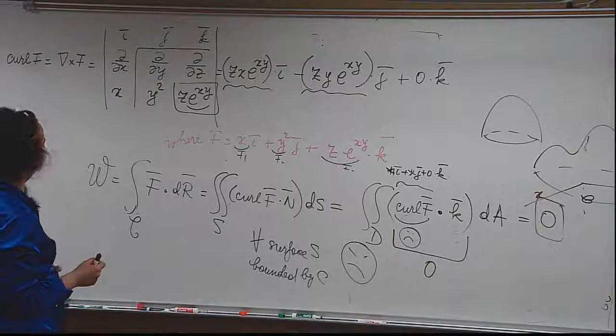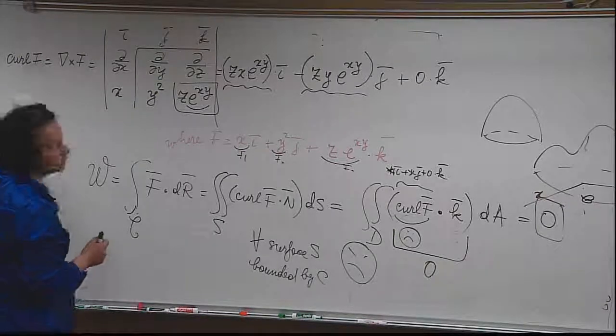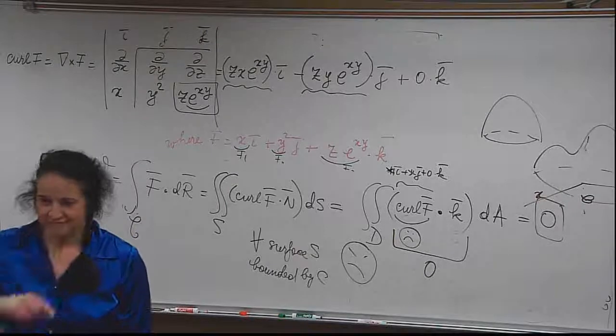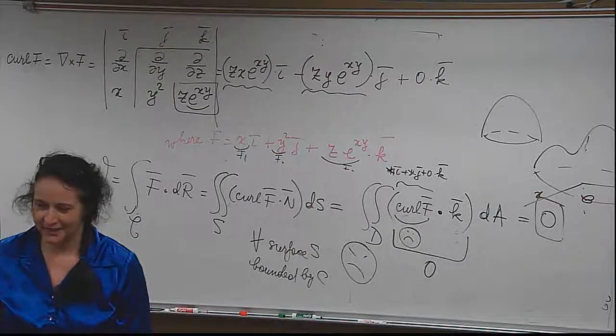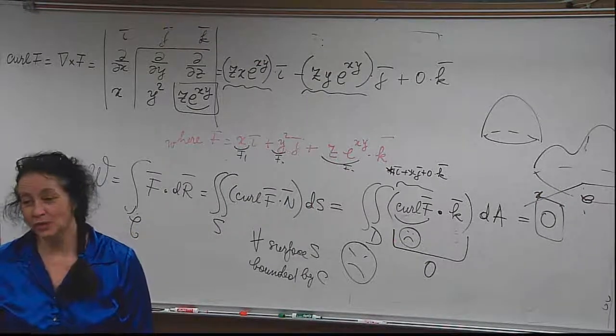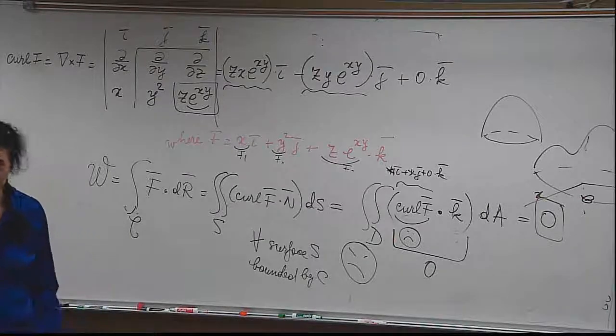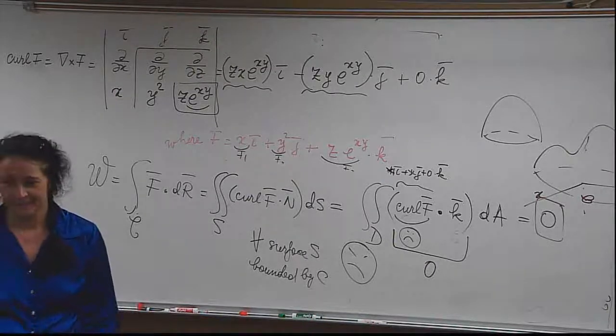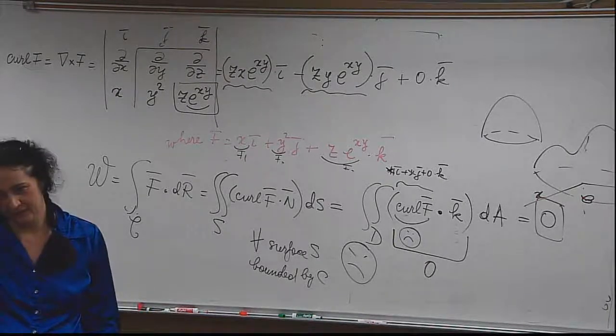I'm going to go ahead and erase. So the whole thing, let's say if I knew all this, I put work equal to 0. You cannot know unless you look at the f first. You see? Let's say that I put the f on top, and I put the equation, which is the integral of f dot dr, and the curl of f dot product with n.